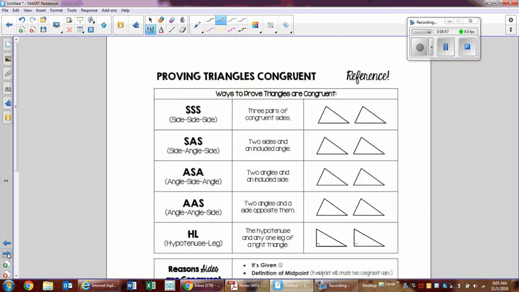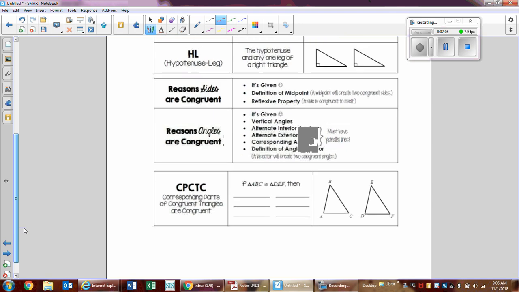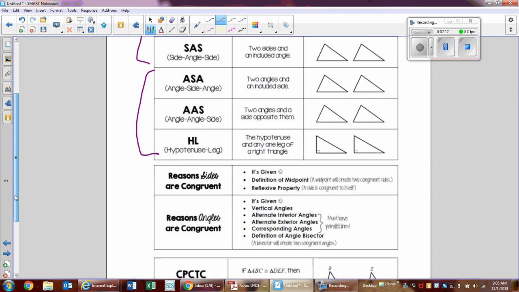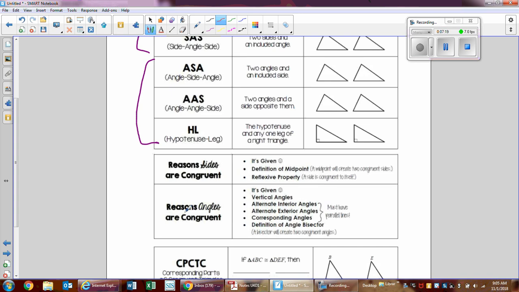But there's a shortcut we can use to prove triangles are congruent. This page gives you everything you need. This is day 4 notes, this is day 5 notes, and we will talk about the rest in day 6 and 7, okay?